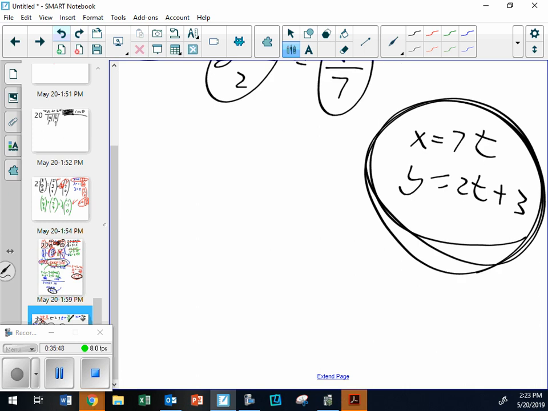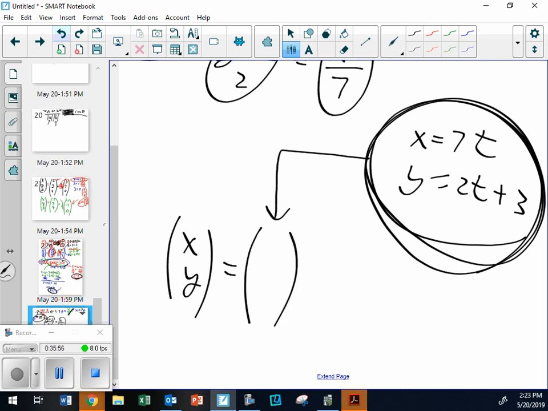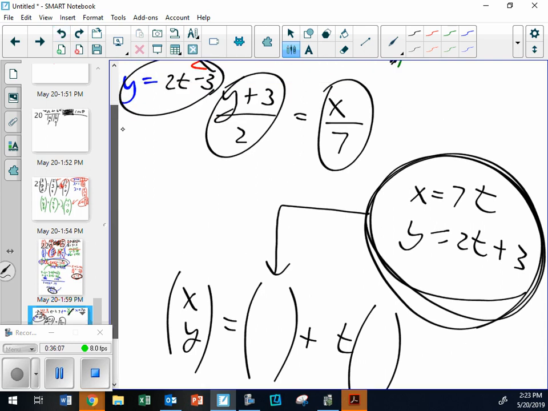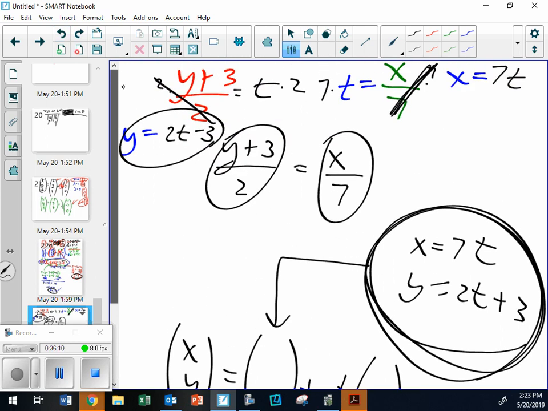But wait, there's more. Then I can change that into a vector equation. You remember how vector equations always look like this? Starting point plus t times something. Got it? You're right, there's a minus 3 in there.